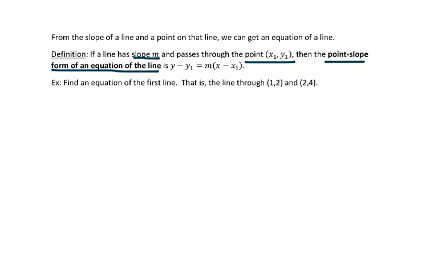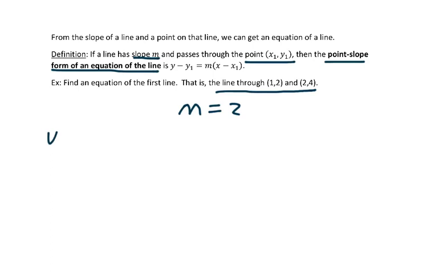So as an example, the first line that we graphed in the previous video, the line that went through these 2 points, let's find an equation of that line. Well, we calculated the slope to be 2. We did that in the previous video. So now let's get an equation of that line. I'm going to use the first point, 1, 2.